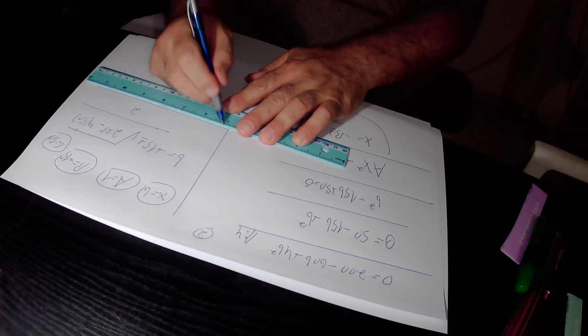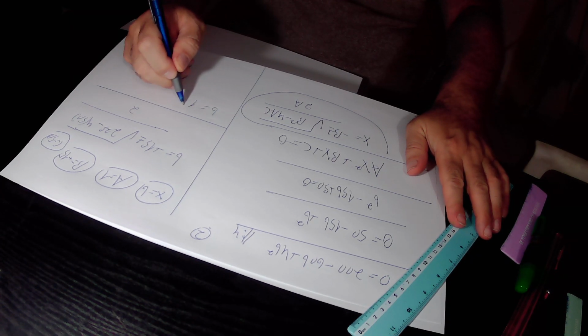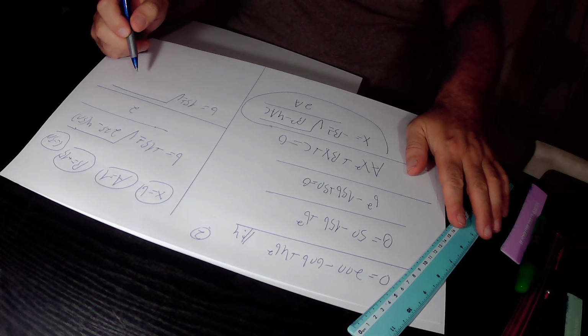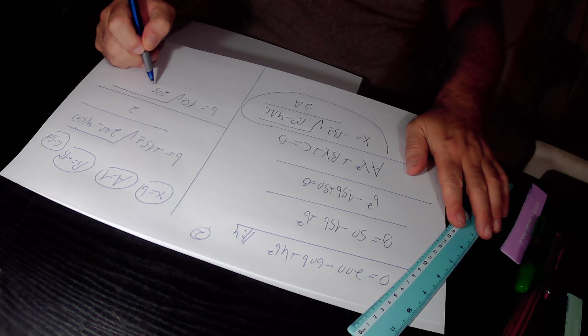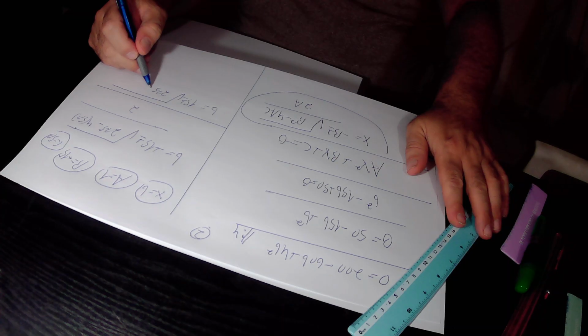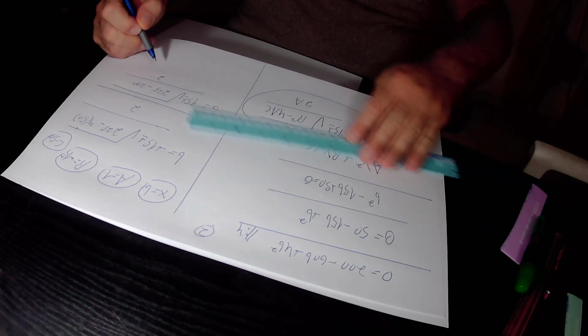So we found that b, the variable we are looking for, is equal to 15 plus or minus the square root of 225 minus 4 times 50, which is minus 200, divided by 2.